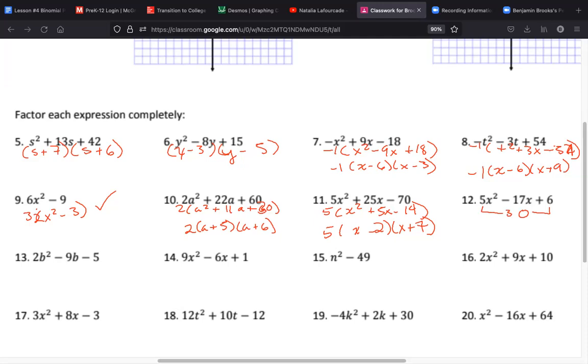And you're trying to find two numbers that multiply to give you 30, but add to give you negative 17. Yes. Negative 2 and negative 15. Now remember, because a is not 1, we need to then divide by a.